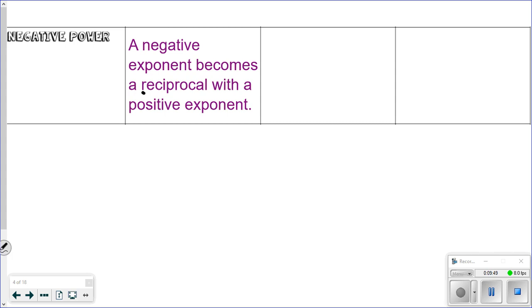If you remember the word reciprocal from previous lessons, that's when we flip the fraction. So whatever is in the numerator goes to the denominator. Whatever is in the denominator goes to the numerator. If it's not a fraction, we have to make it a fraction. But when we do that, we turn it into a positive exponent.